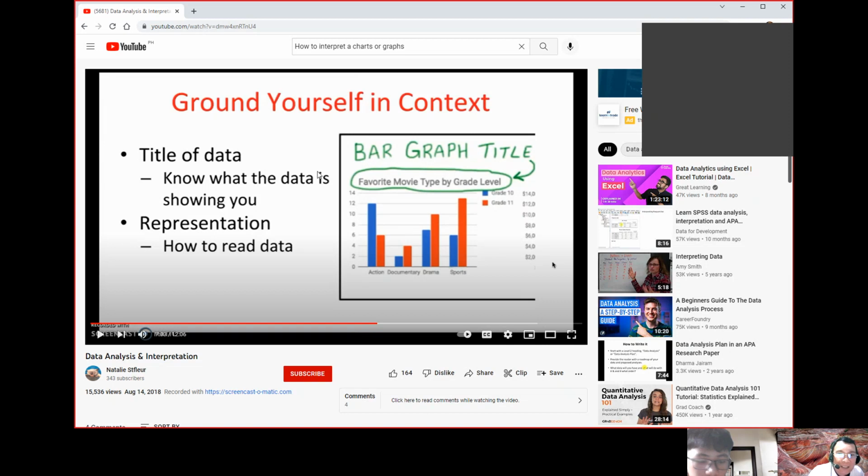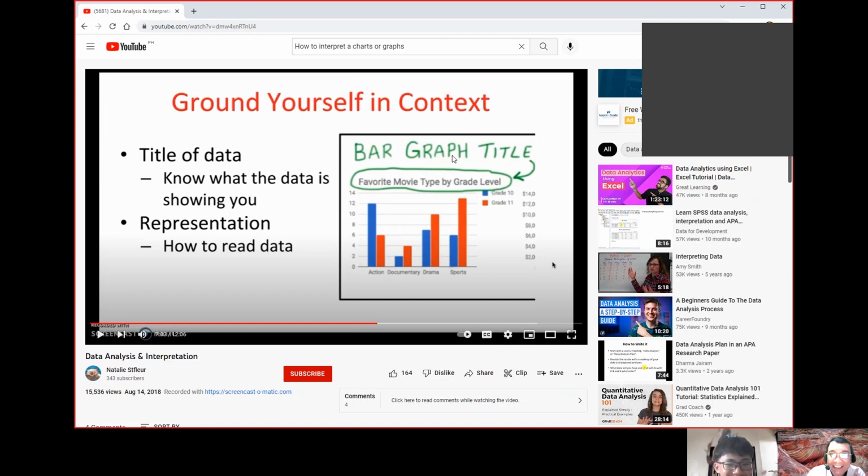What graph is this? What kind of chart is this? I think it's the gray chart. So this one is a bar graph. We call this one a double bar graph.